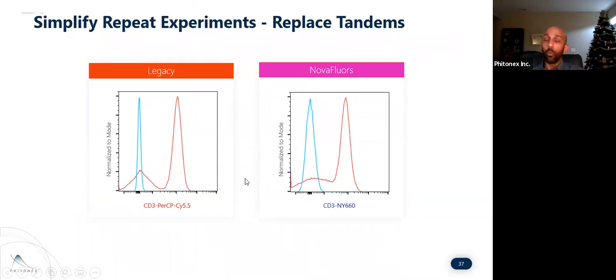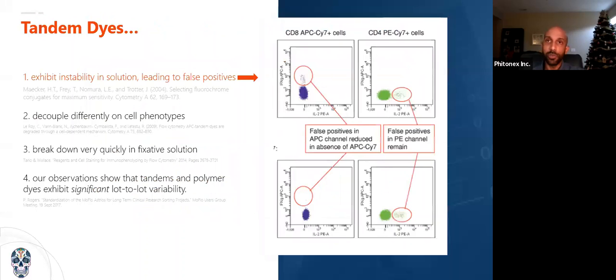One of the big benefits of replacing that PerCP-Cy5.5 is obviously opening up a detector. But in addition to that, you also get to get rid of a tandem dye. I want to start off by saying that NovaFluors are not tandem dyes, and that's very important because tandem dyes tend to have a lot of issues.